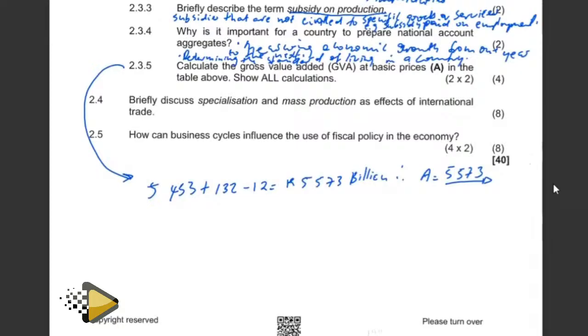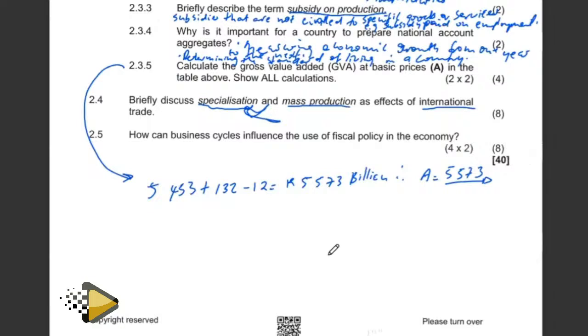The next question is expecting us to come up with the discussion between specialization and mass production as effects of international trade. In this regard, we are going to explain what specialization is, what mass production is, and what international trade is.